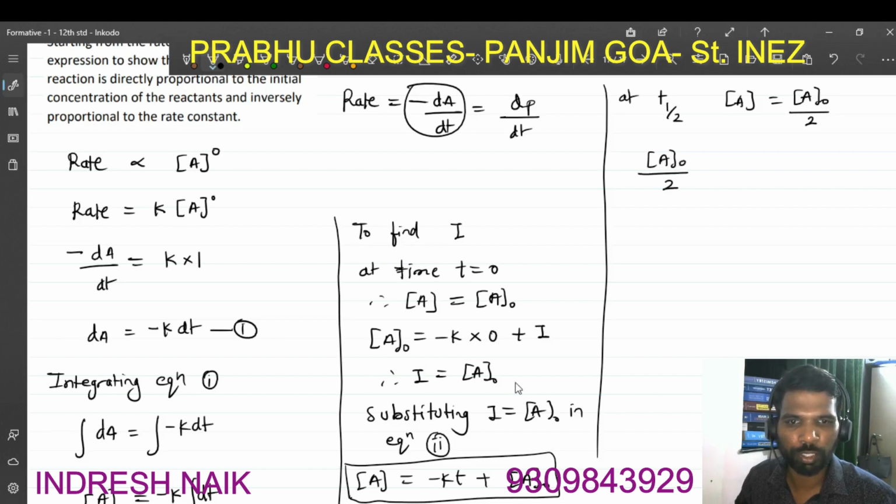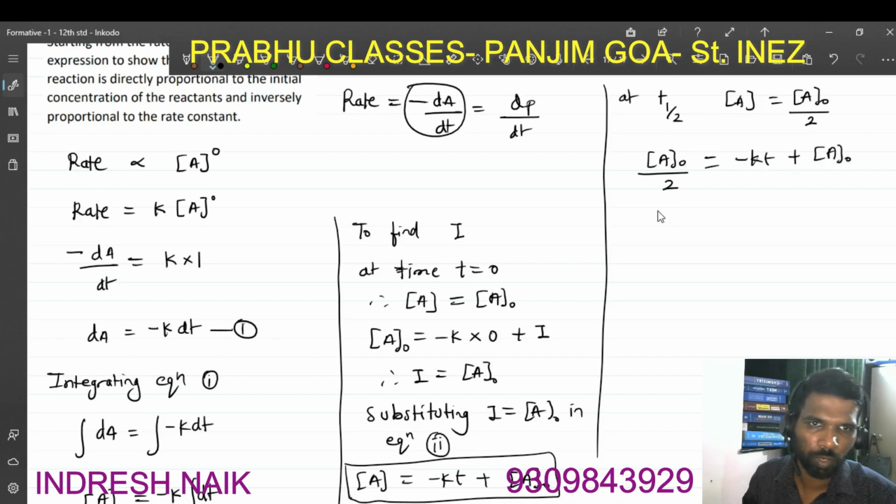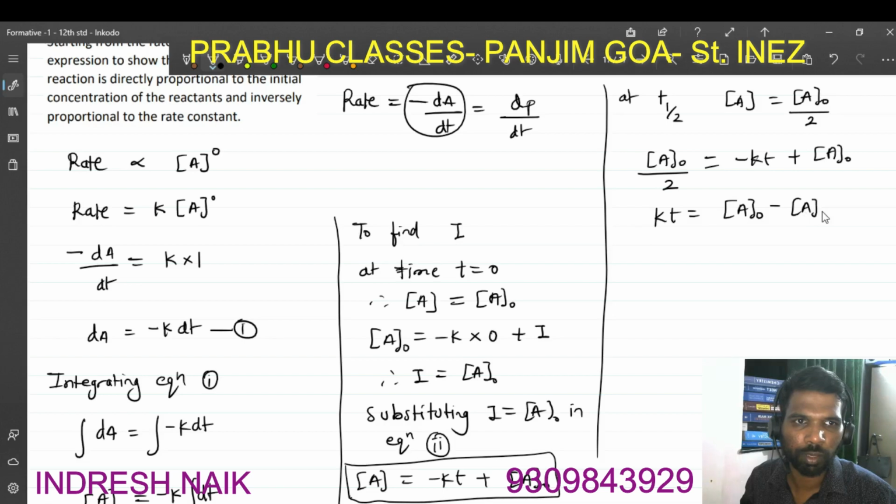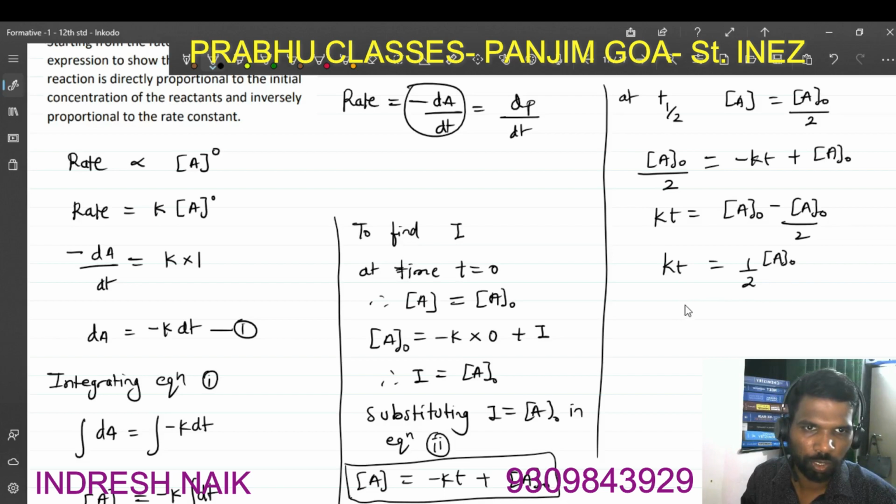I'm substituting this in the equation, A is equal to minus kt plus A naught. So therefore kt is equal to A naught minus A naught by 2. So kt is equal to half times A naught.